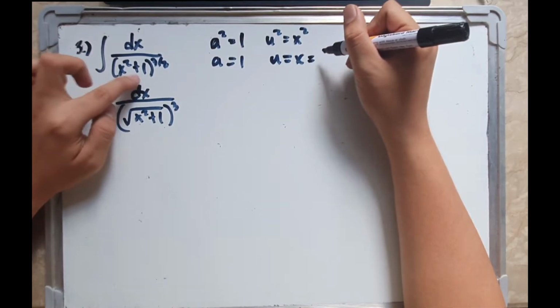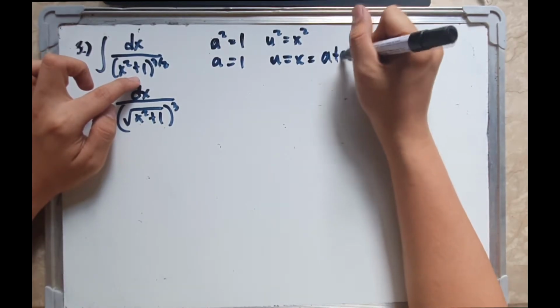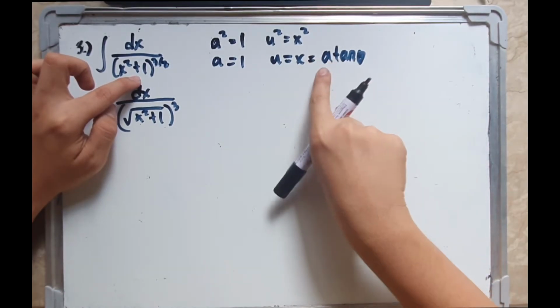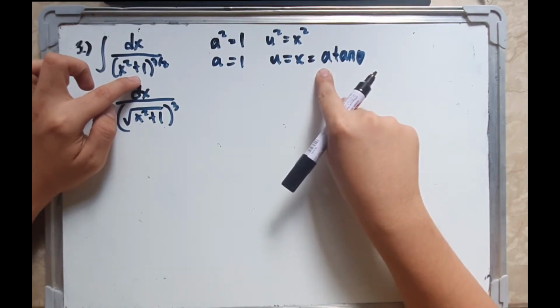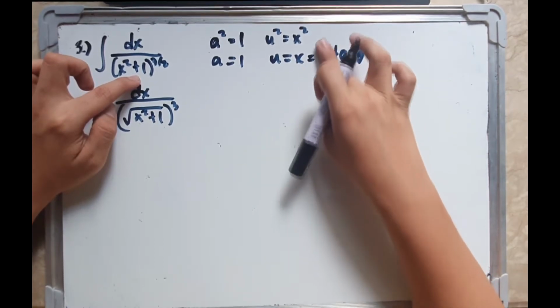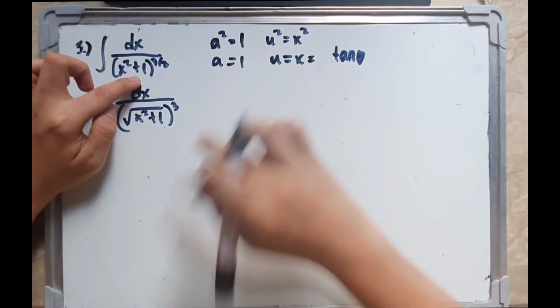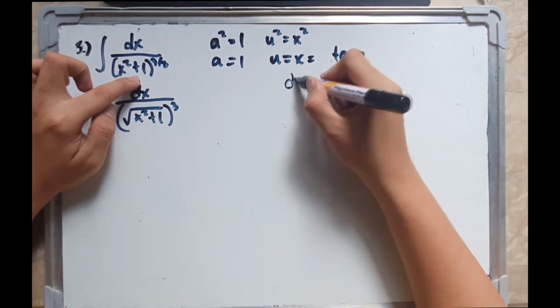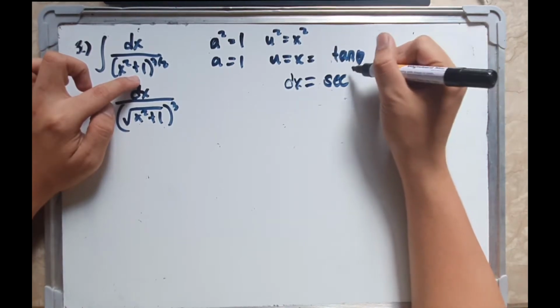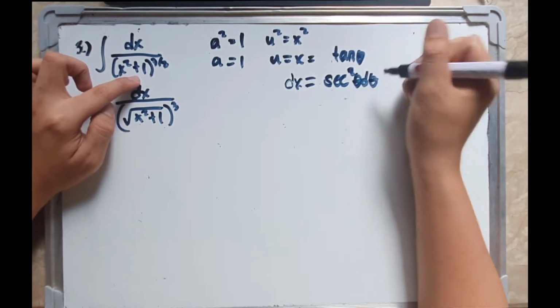Since this is plus, a tangent theta. Again, if our a is 1, then x is just basically equivalent to tangent theta. The derivative of x, the derivative of tangent, we have secant squared theta d theta.